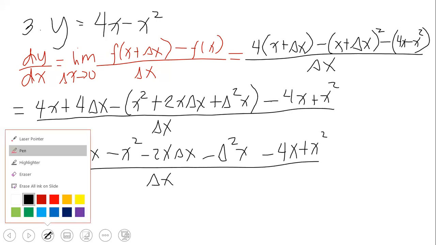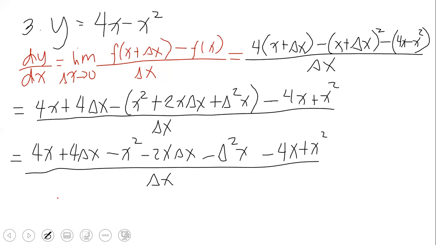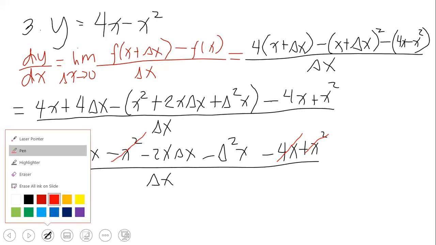So, this time may makikita na tayong cancellation. So, 4x, 4x. So, x squared, x squared. So, simplify natin both terms.